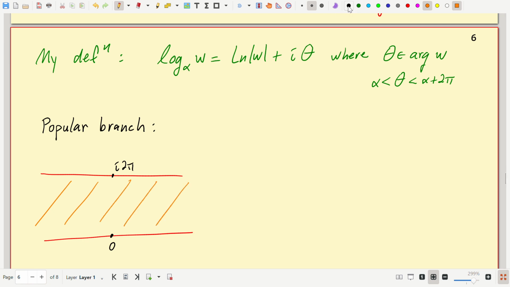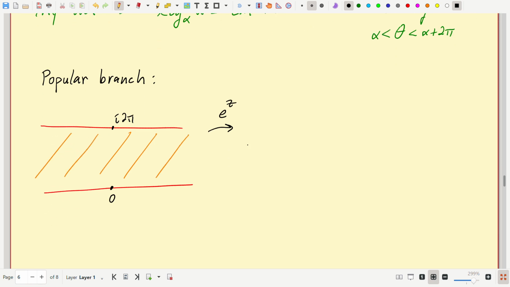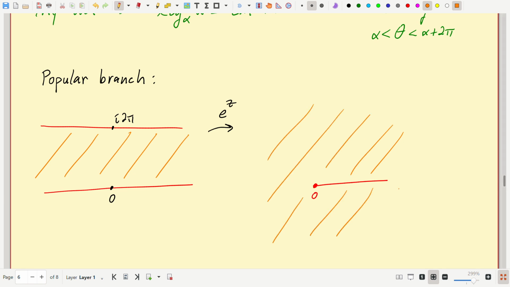The complex exponential maps that, so those get mapped to the positive real axis. And it maps the complex plane minus that slit, branch cut, 1-to-1 onto that.